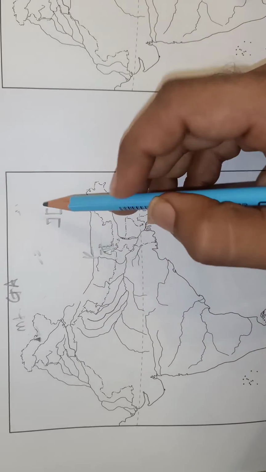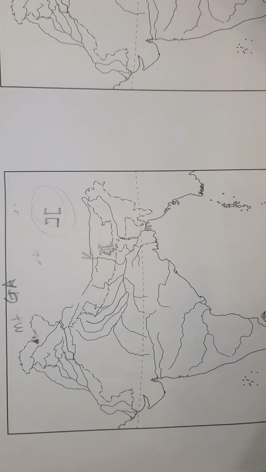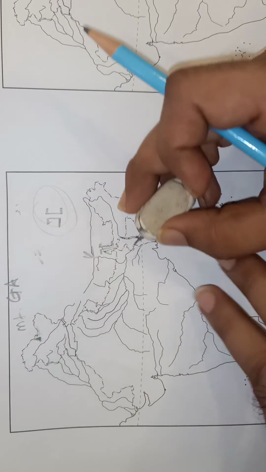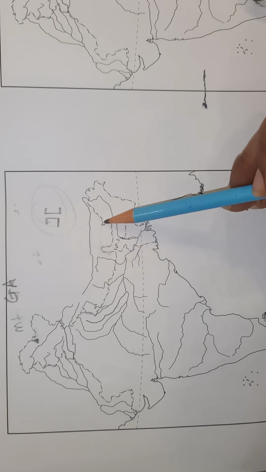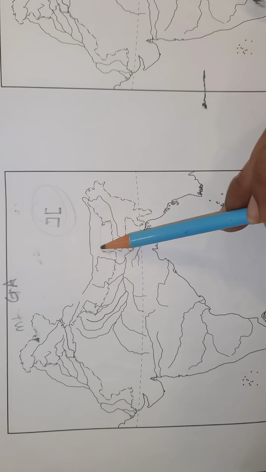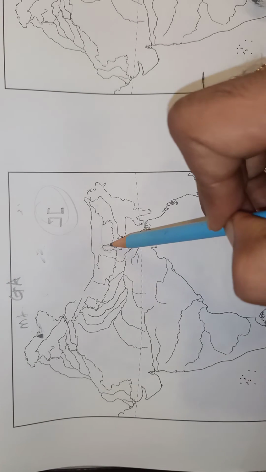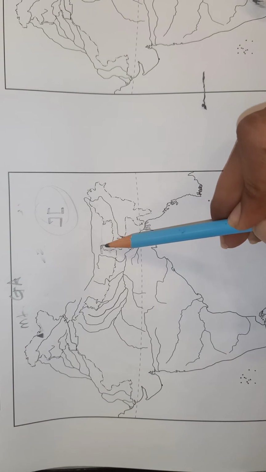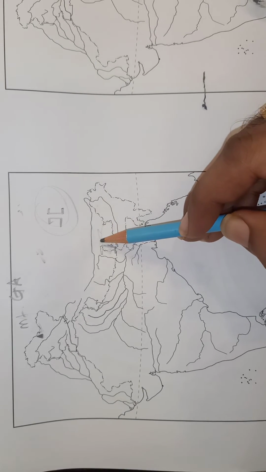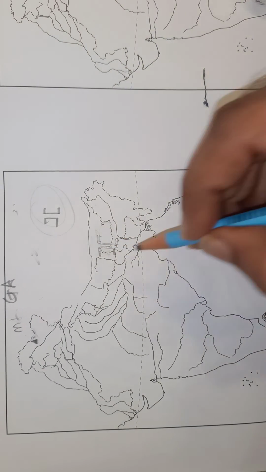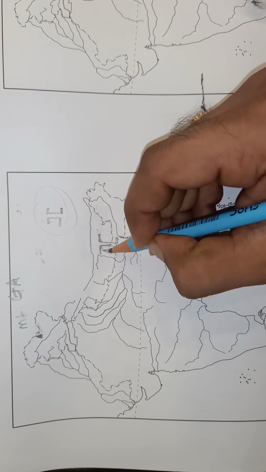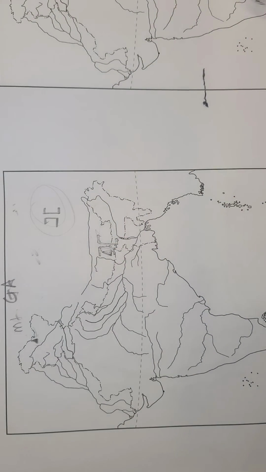Let me rub it out and show you once again clearly. This is Bhutan. On this line of Bhutan, you have to draw this arrow, draw these curves. That becomes the Nathula Pass, and right beside it is Mount Kanchenjunga.